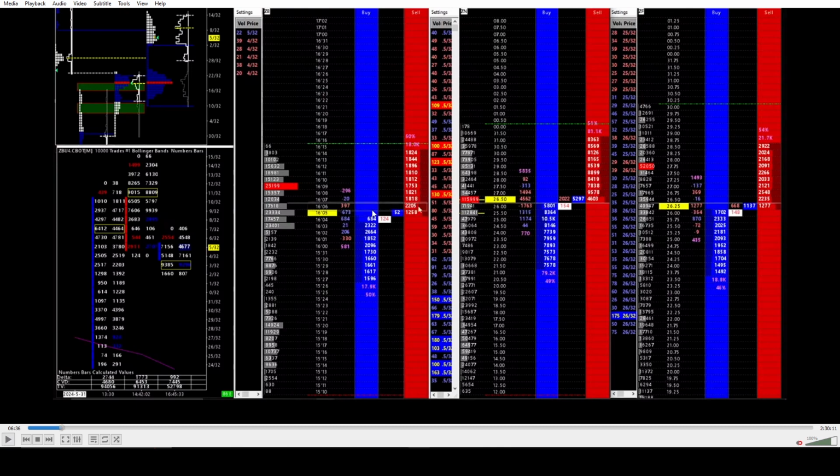Okay, so the reason why this is good for new people to order flow to start implementing and executing in these markets is you have so much more time, and I'm not saying that lightly. They move so slow.